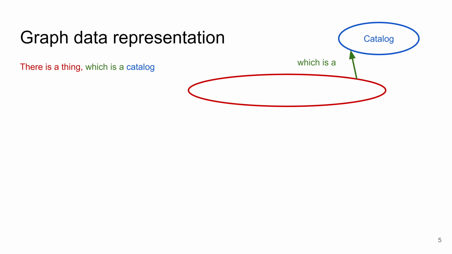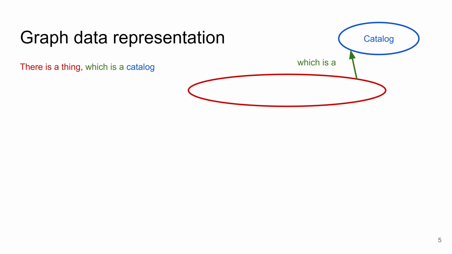And we can draw this as a graph. So we can say the red oval here represents our catalog. The blue catalog oval represents the type of things, the catalog type of things. So basically it can also be viewed as a set of all possible catalogs.